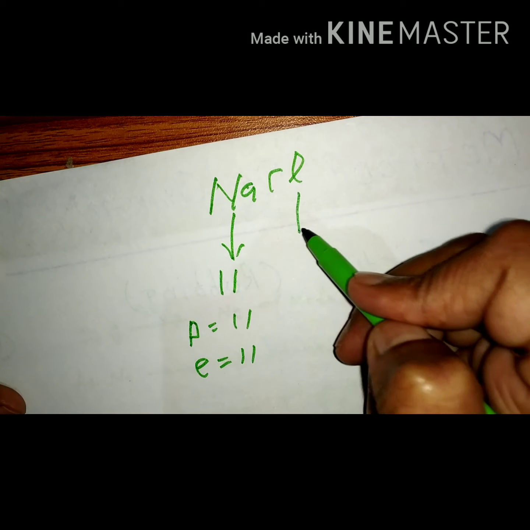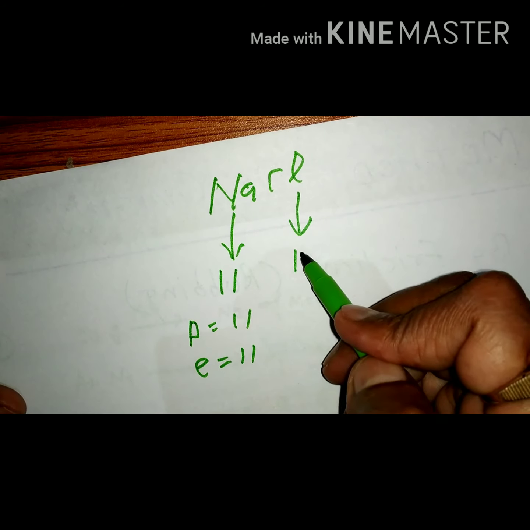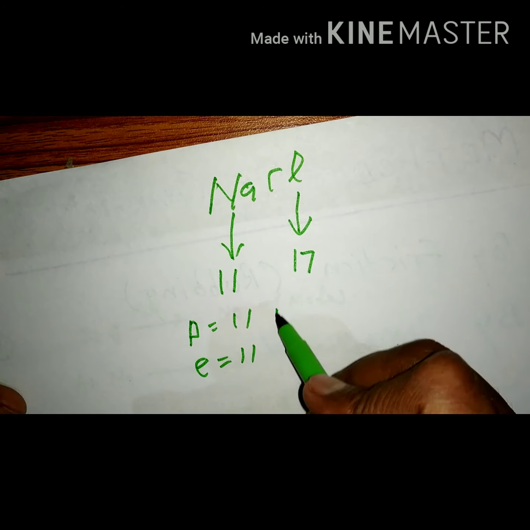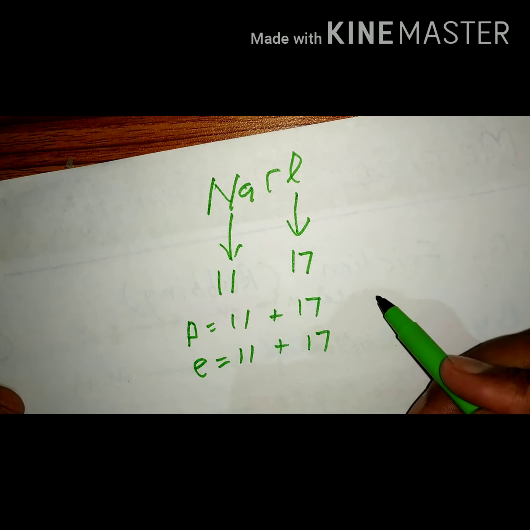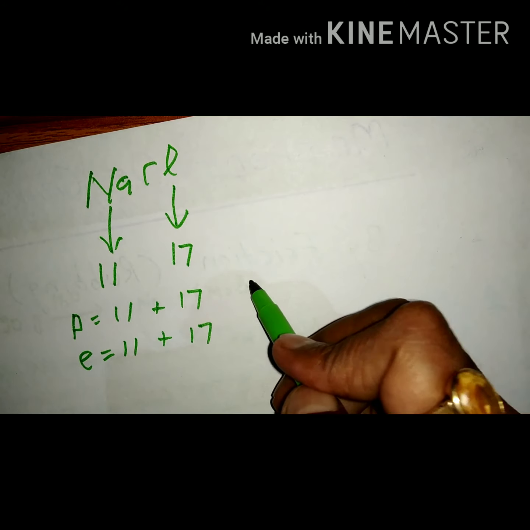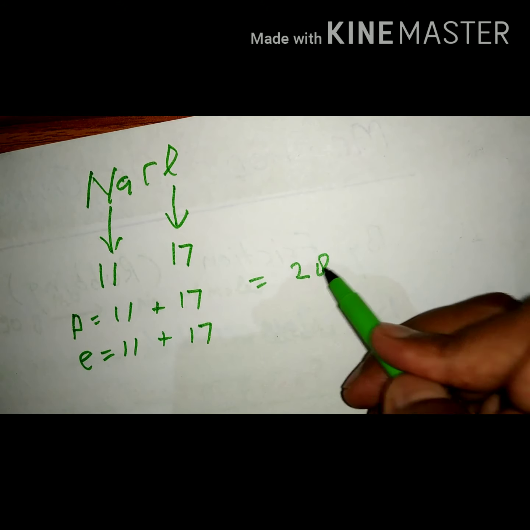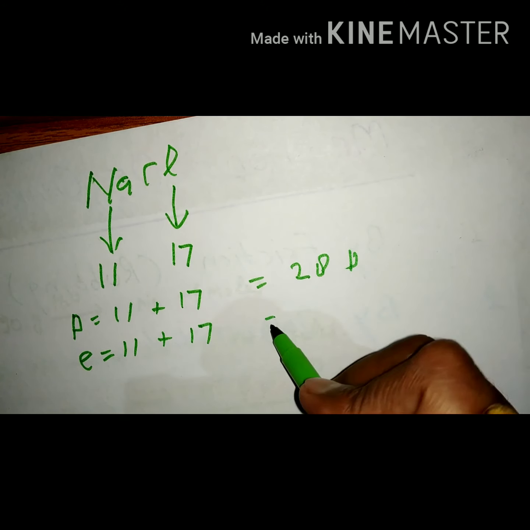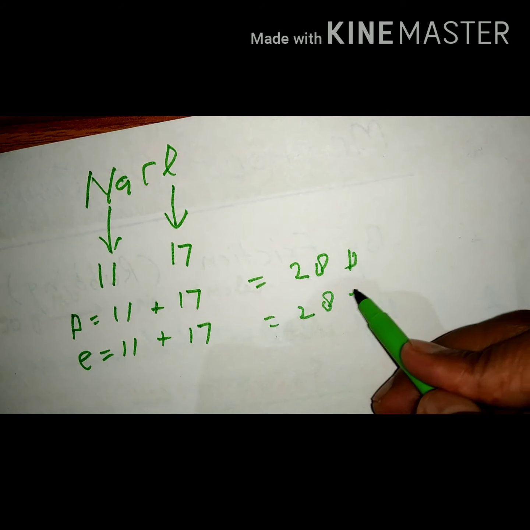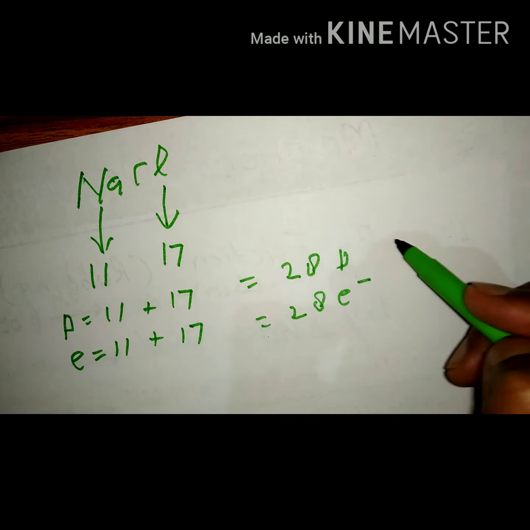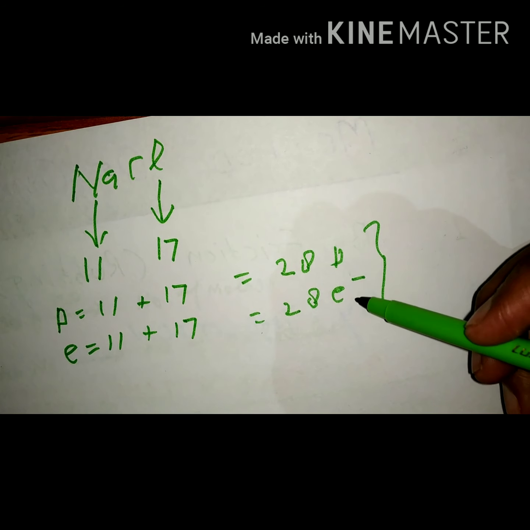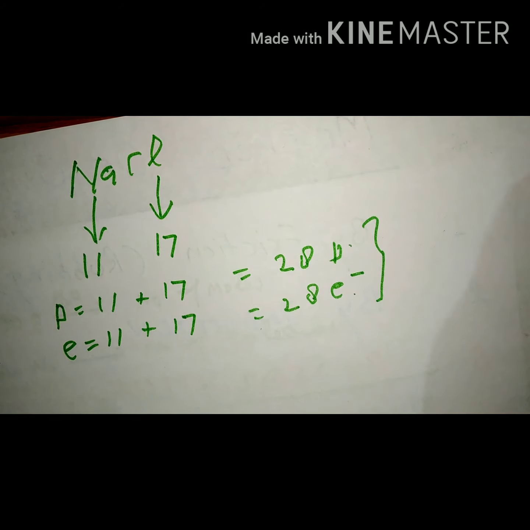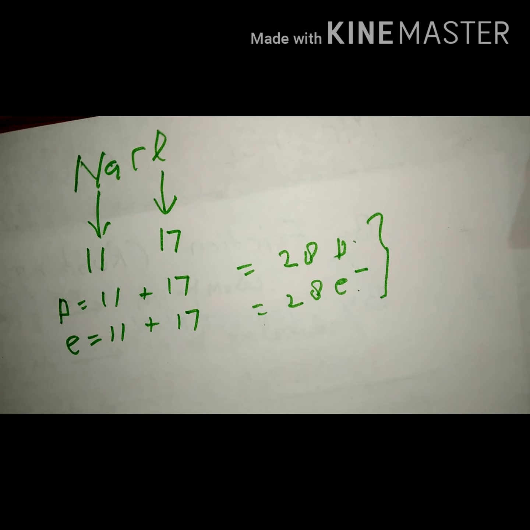Chlorine atomic number 17, so there are 17 protons and 17 electrons. So one molecule has 28 protons and 28 electrons. In this way we can find the number of negative charges and positive charges in a given substance.